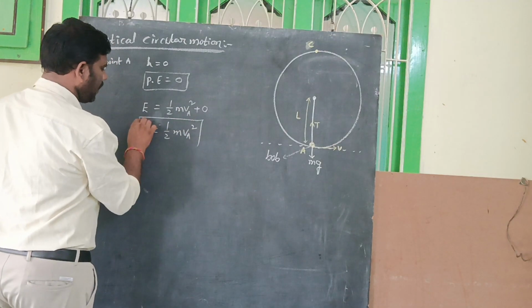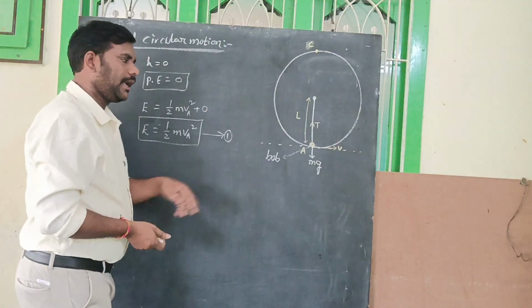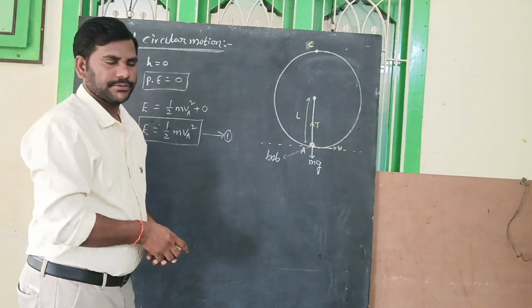So at the lowest point, we will find two terms: one is the energy, and another is the tensional force. The tensional force at the lowest point is T_A.